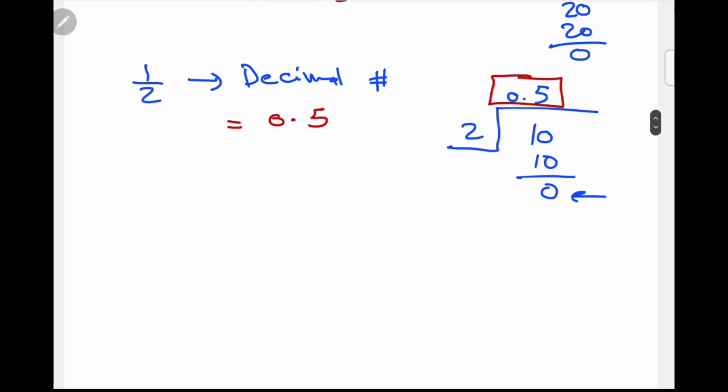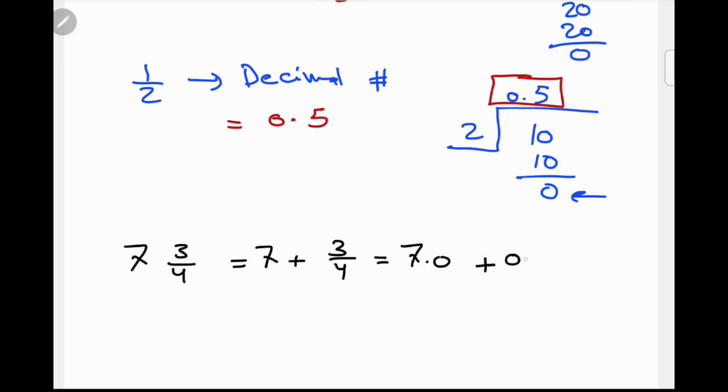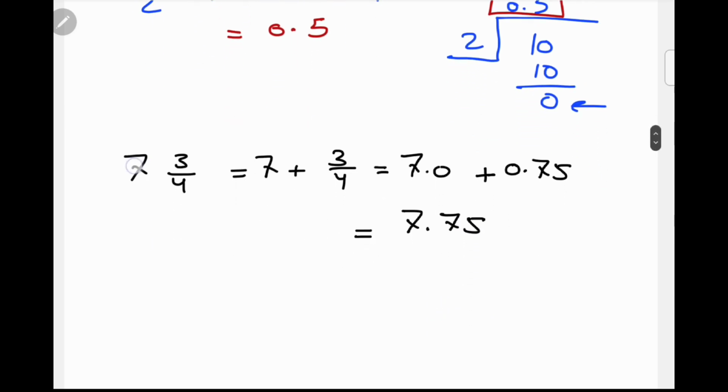So now we go back, we say, okay, 7 3/4 is equal to 7 plus 3/4, and that's 7.0 plus 0.75. If you add them together, this will be 7.75.